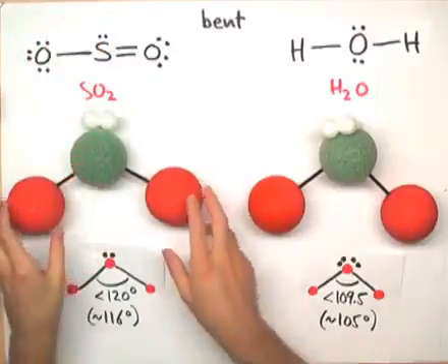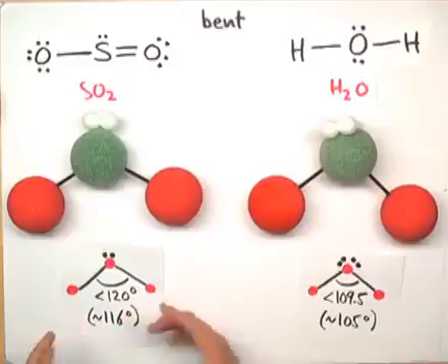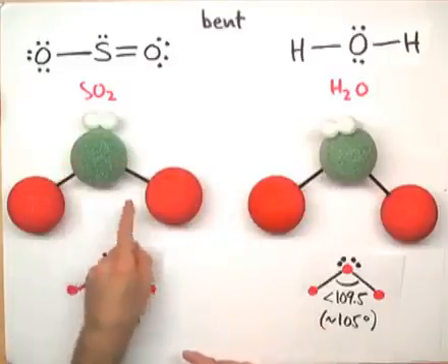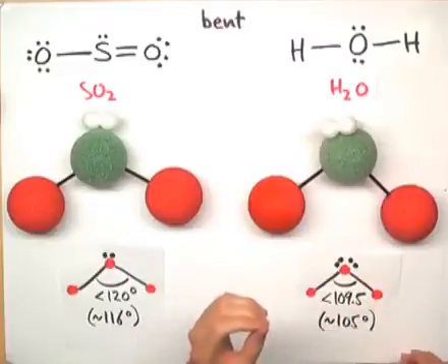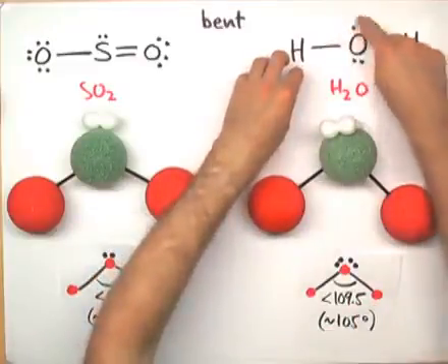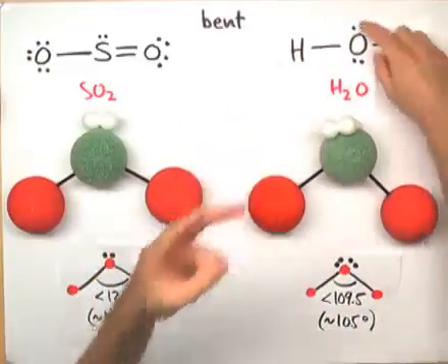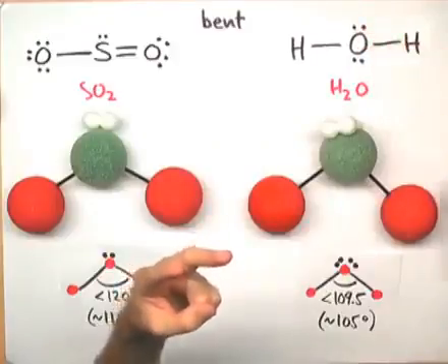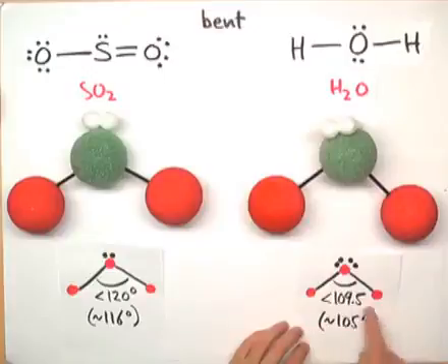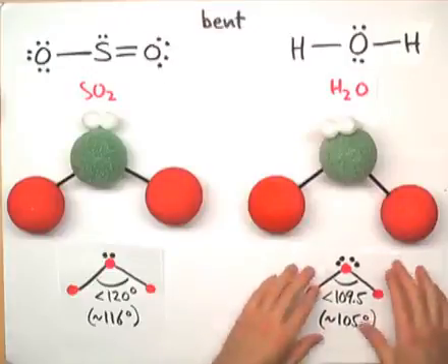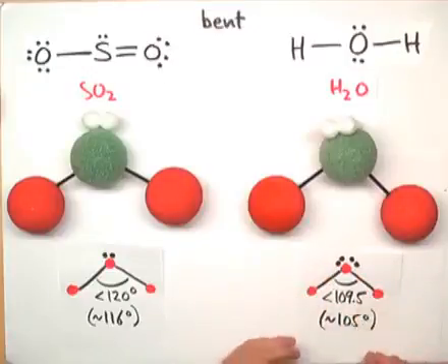Then we get something like SO2, where we have something that's a little less than 120 degrees between these. Another way to get a bent shape is when we have 4 things around a central atom, but 2 of them are lone electron pairs. And in that case, because we have 4 things, everything's a little tighter, we have an angle of 105 degrees that's a little less than 109.5.